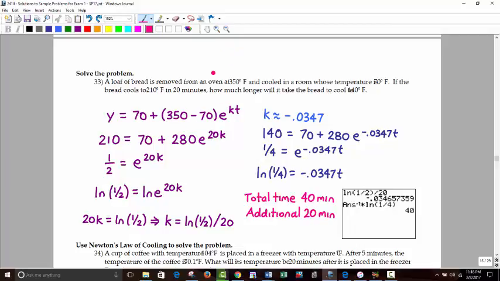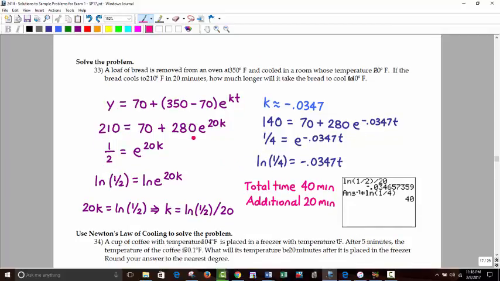So that'd be 280. Now we want to know how long it's going to take to get to 210 degrees in that 70-degree room. So this will help me solve for the K value. I know that when t is 20, so it's e to the 20K, y will be 210.